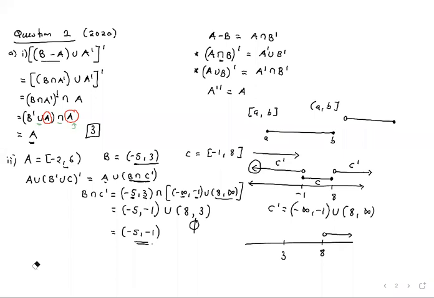So now this is B intersection C, is it? So our answer, B intersection C complement, is going to be A, which is -2 to 6, union -5 to -1.